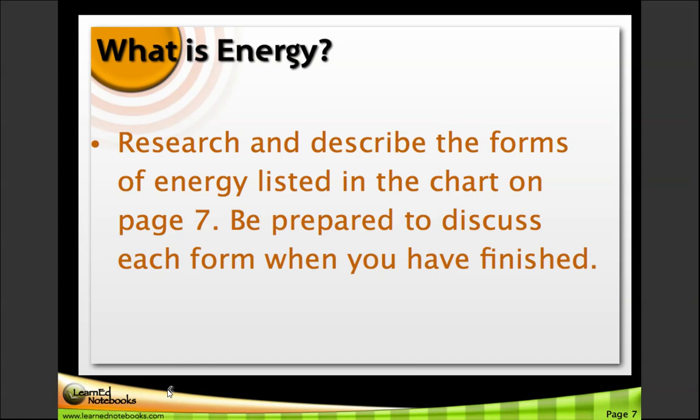On page 7, I have a list of about 7 different types of energy that you could use to fill in the chart. The first is mechanical energy. The second is chemical energy. The third is electrical energy. The fourth is nuclear energy.